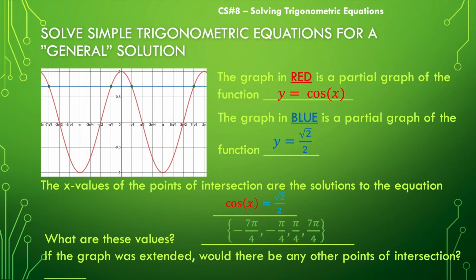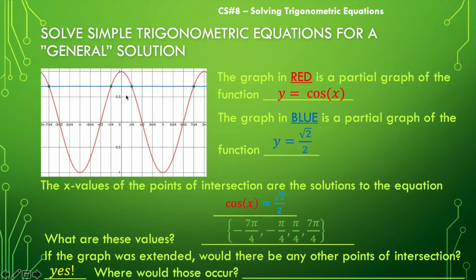Well, of course, if we extended the graph, we're going to see that those functions are going to intersect several more times. And we could actually generalize where those happen because they're going to happen every 2 pi units, because between these two solutions is 2 pi, and between these two solutions is also 2 pi.